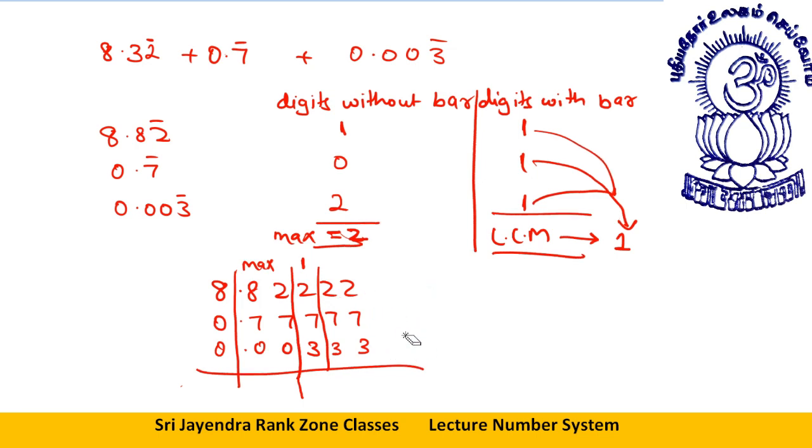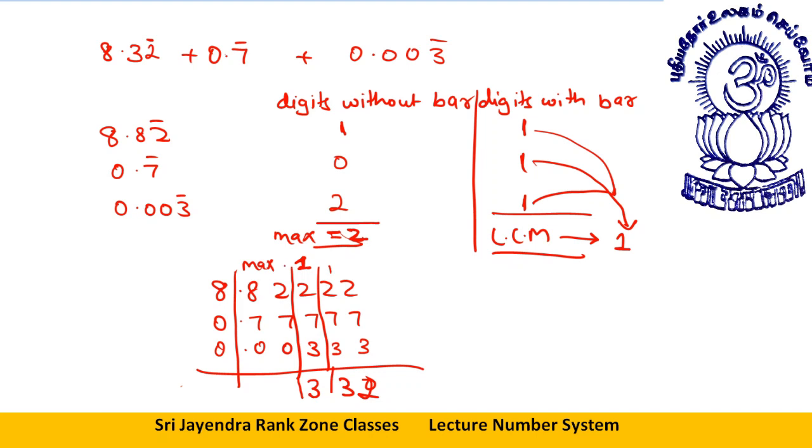This is 2, 7, 3. 2 plus 7 plus 3 is 12. Now 1 is carried over here, and you can discard this part. 12 plus 1 is 13. You write this 3.